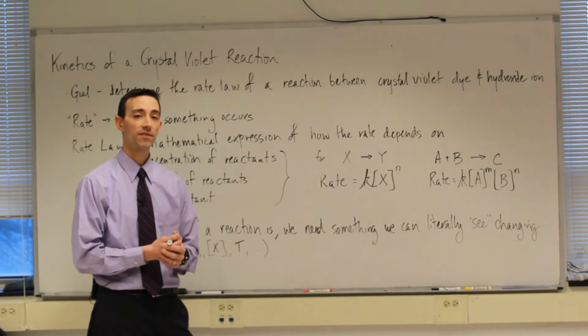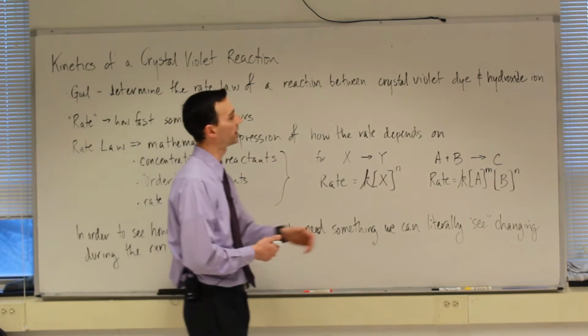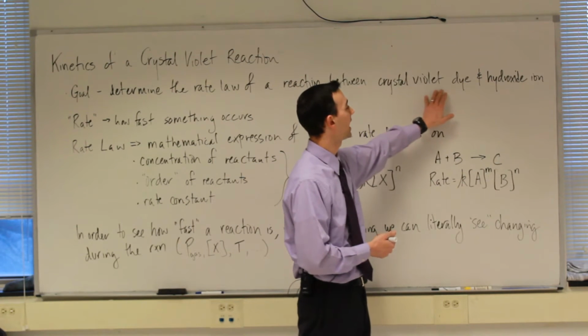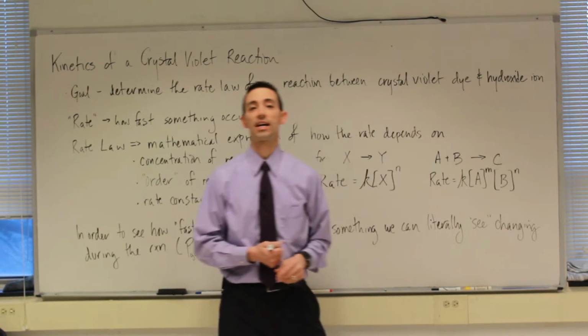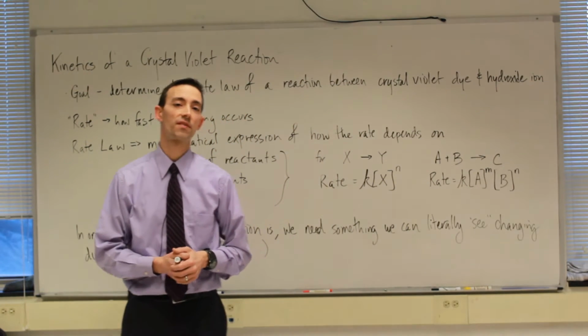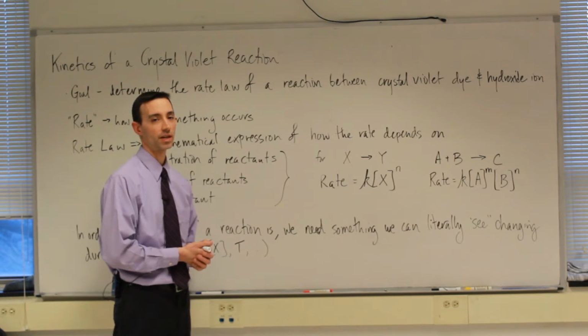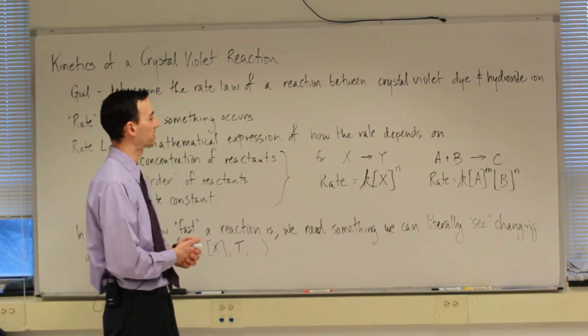We could look at a lot of different reactions, but we're going to look at one that occurs between a dye known as crystal violet dye and the hydroxide ion, which will come to our reaction by sodium hydroxide.